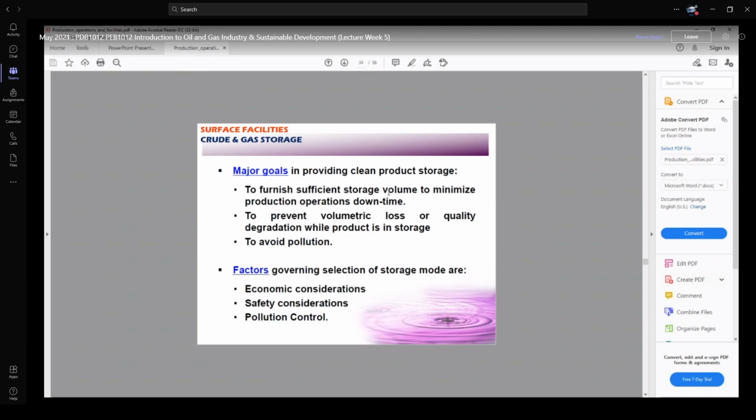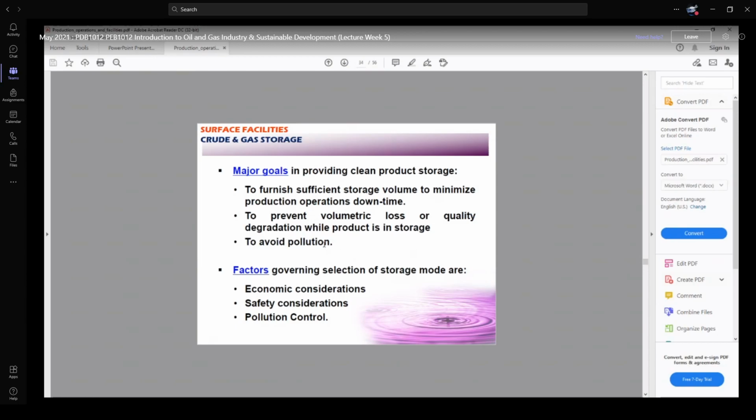So one is that there should be sufficient storage volume, right? And we should avoid the volumetric loss of the fluid. Volumetric loss means, for example, the oil is volatile and if the storage is not properly maintained, some oil is going to be lost from there, and the volume is going to shrink, and then ultimately the profit is going to shrink as well, right?